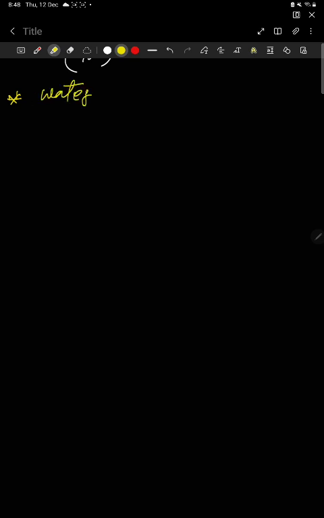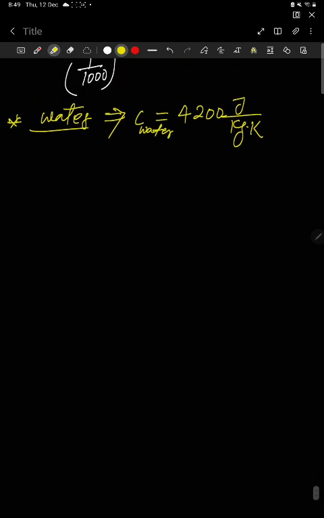Now again, in exams they ask questions like this. Suppose we have water. Water's specific heat capacity is C is equal to 4200 joule per kg Kelvin. This is the specific heat capacity of water, which is a fixed value. So what is the meaning of this?